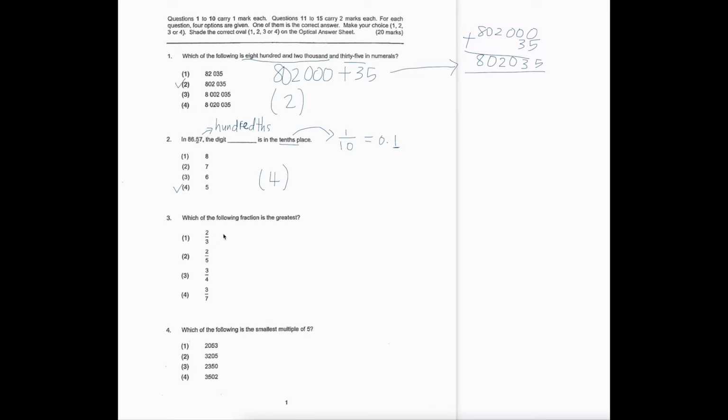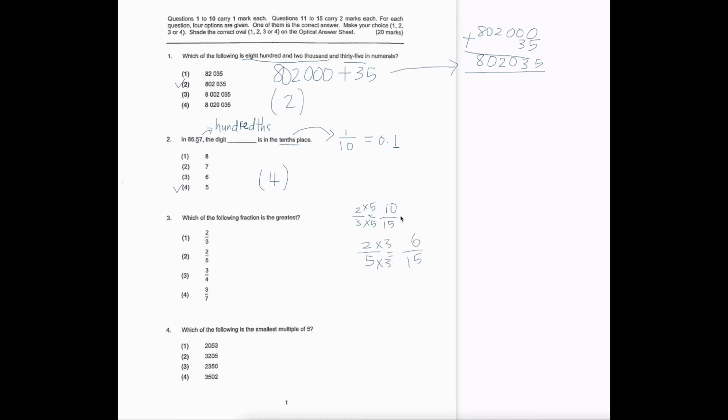I'm going to do the working here where there's a small space. So for 2 over 3, I can make it times 5 and times 5 to make it 10 over 15. And for 2 over 5, I can multiply by 3 to make it over 15.